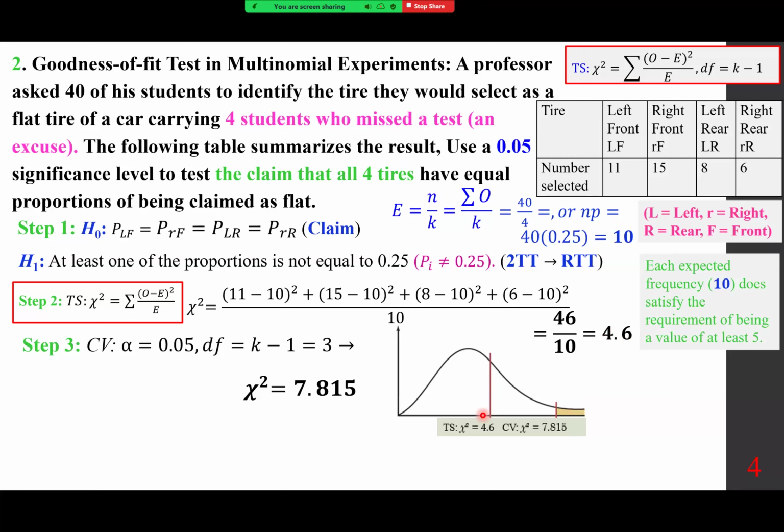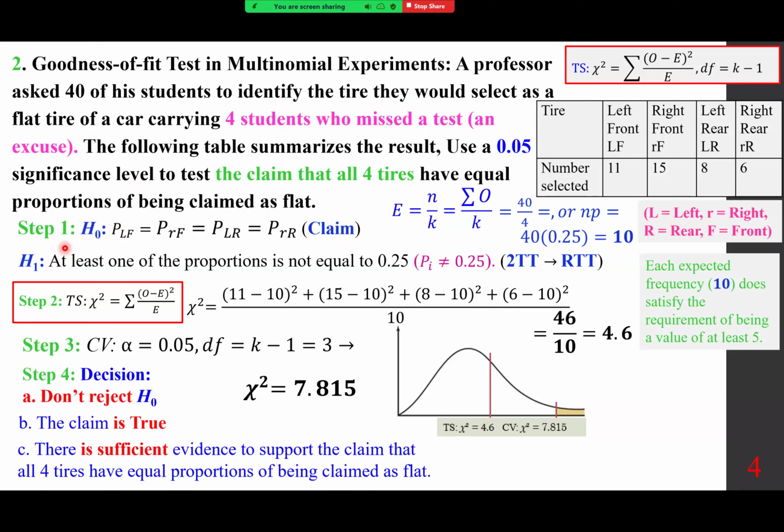Therefore, we don't reject H0. Remember, all of this calculation just results in this. Then you go back to the first step and read to see where the claim is. The claim is with H0, therefore the claim becomes true. And there's sufficient evidence to support the claim that all 4 tires have equal proportions of being claimed as flat.